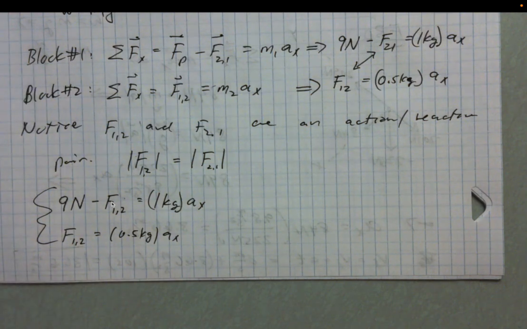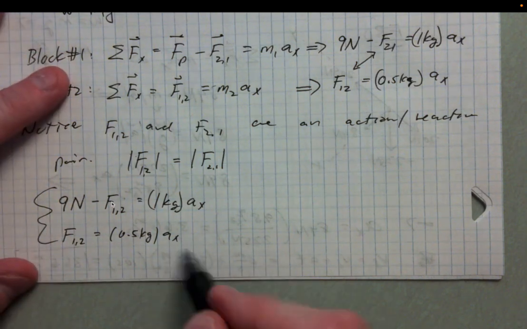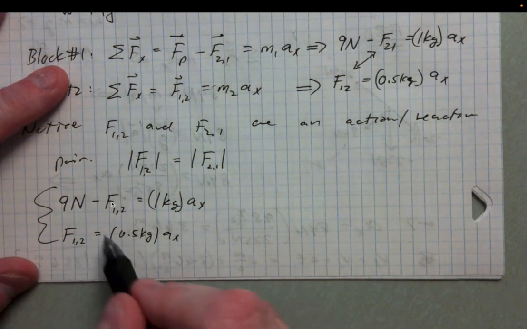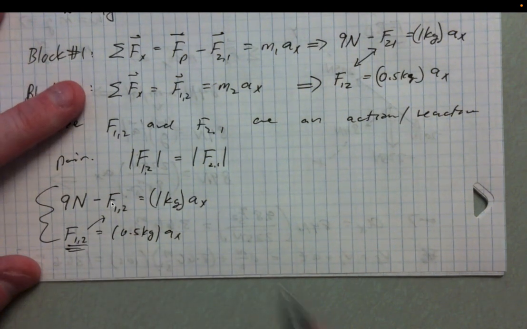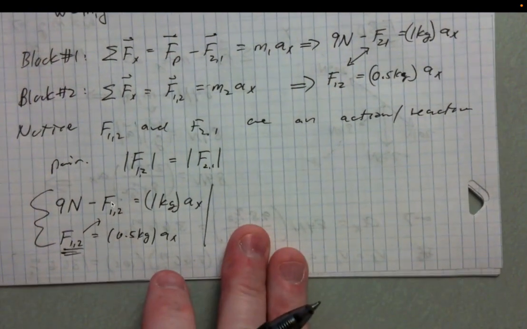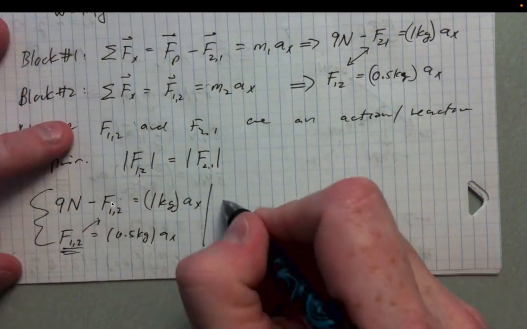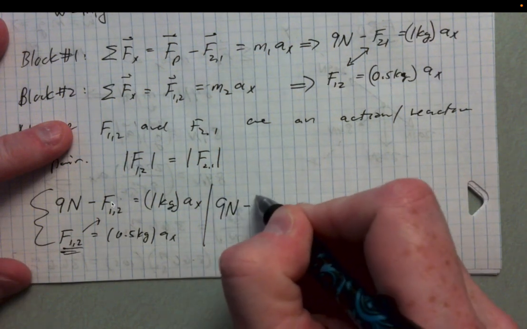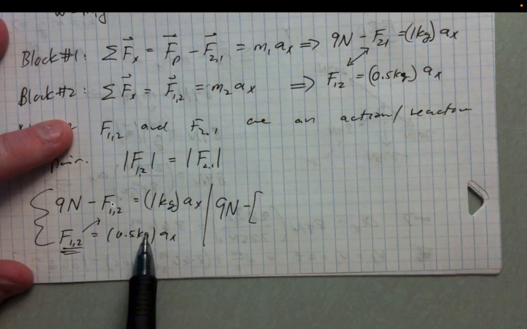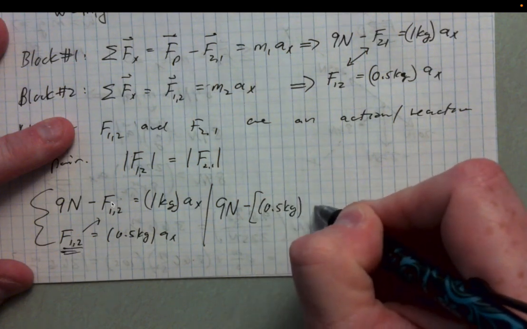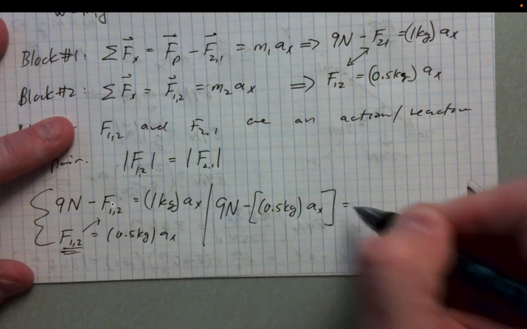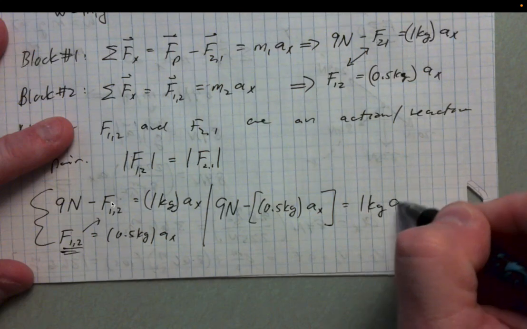Most assuredly, right? 2 equations, 2 unknowns. We can easily solve this. In particular, let's take this here and plug it in up there. Okay, so let me switch paint. Well, I'll write it here first. So 9 newtons minus, plugging this in, 0.5 kilograms times a sub x equals 1 kilogram times a sub x.